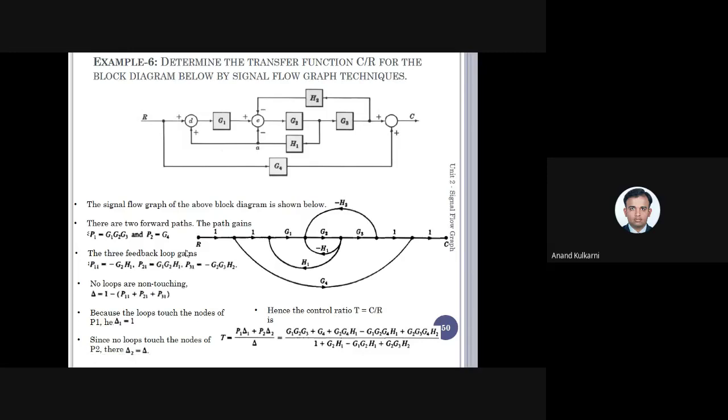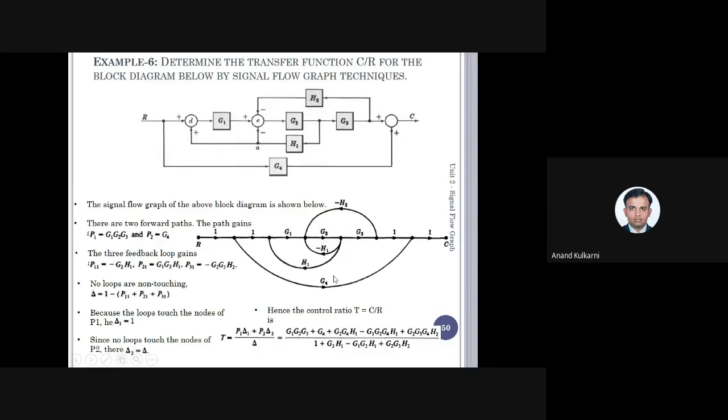There are three loops: minus G2 H1, plus G2 G1 H1, and minus G2 G3 H2. Then, to the forward path P2, which loops are not touching?